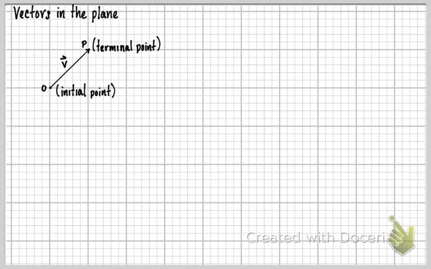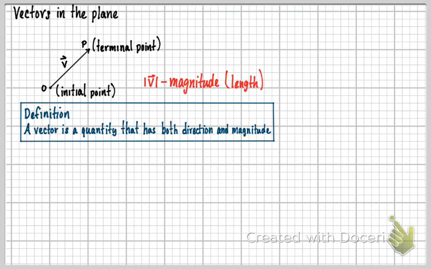We usually write magnitude with single lines on each side and the vector between them, meaning the magnitude or length of the vector. So the definition of a vector is a quantity that has both magnitude and direction.